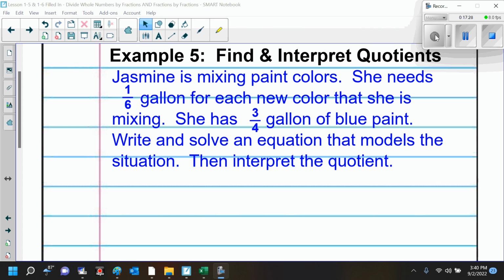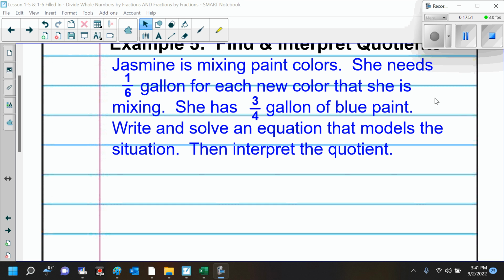So for example 5, find and interpret quotients. It says Jasmine is mixing paint colors. She needs 1/6 gallon for each new color that she is mixing. She has 3/4 gallon of blue paint. We want to write and solve an equation that models the situation, and then interpret the quotient.